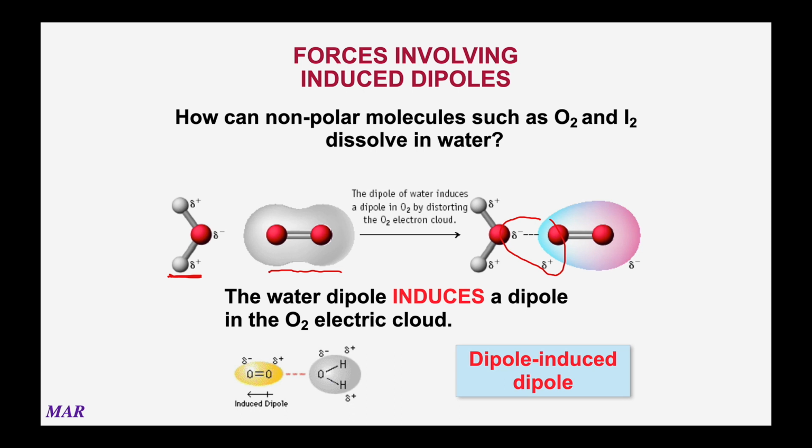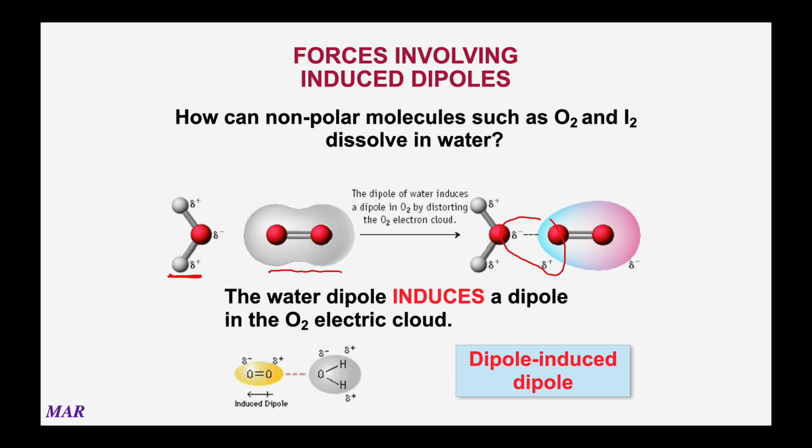And let's break that down. Dipole, like we talked about earlier, means polar. Induced dipole means that it doesn't have a dipole by itself, i.e. it's nonpolar. But you can induce, you can create a dipole in this nonpolar substance if you put something polar next to it. So dipole-induced dipole means something polar and something nonpolar together.